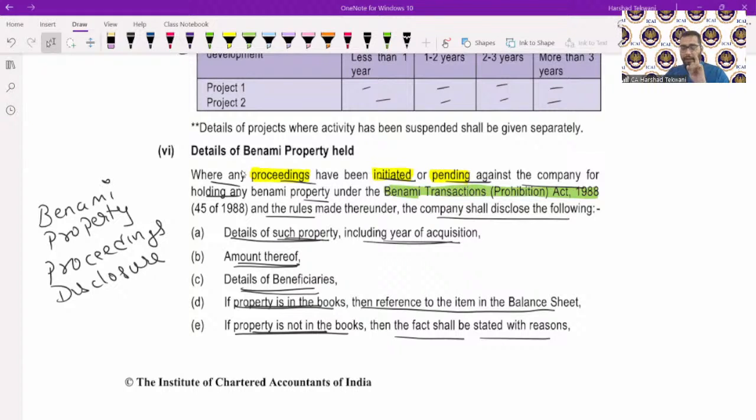See, Jay, if there is a disagreement on the reason for not holding immovable property in the company's name, for example, the company discloses that at that time there was some emergency, that's why we were not able to purchase the land in the name of the company and the director purchased it, and you disagree with that reason, then you can report that in your audit report also.